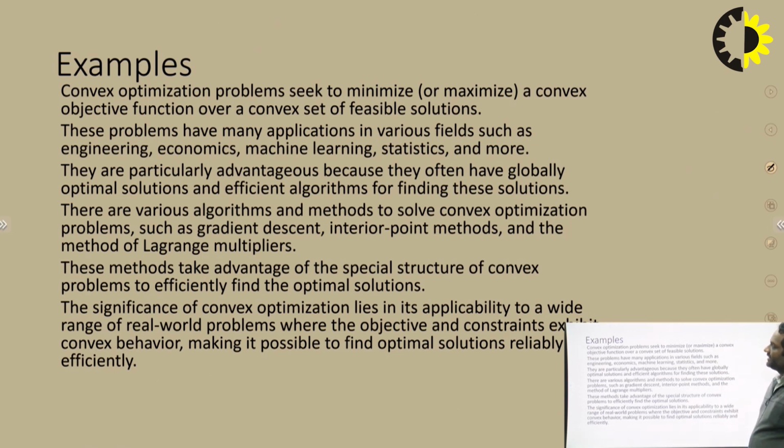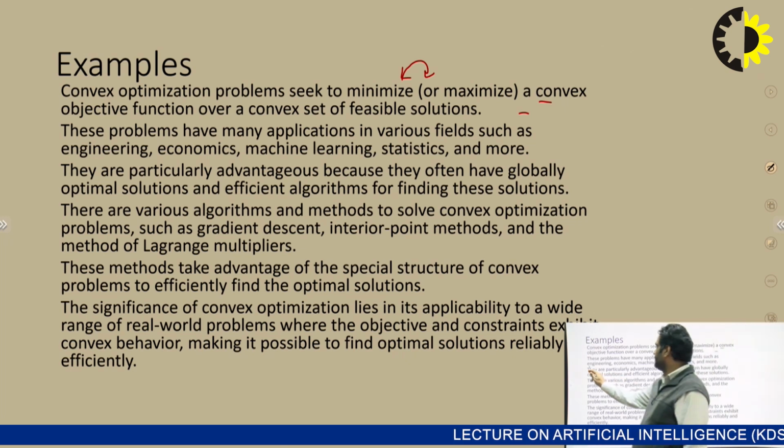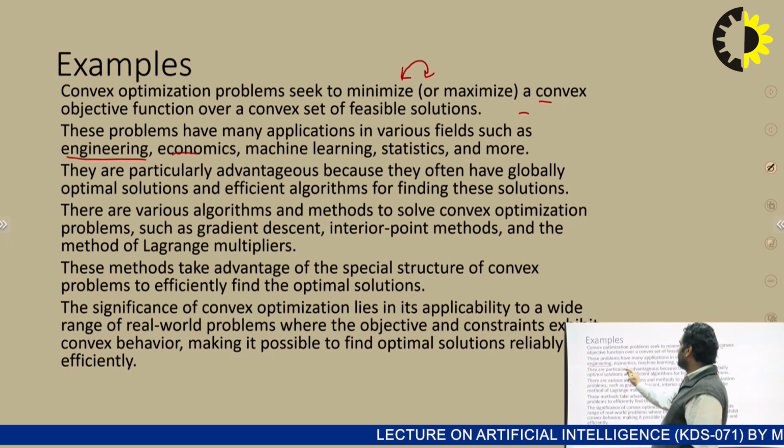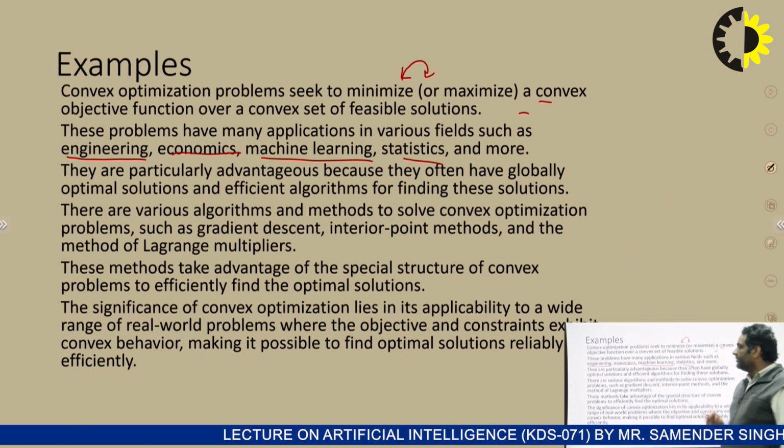Now we have examples. A convex optimization problem seeks to minimize or maximize, both known as optimal, a convex objective function over a convex set of feasible solutions. These problems have many applications in various fields such as engineering, economics, machine learning, statistics, and many more.